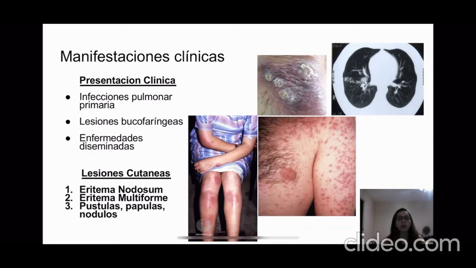There are three types of skin lesions: erythema nodosum, which presents as painful red flakes on the shins; erythema multiforme, which is a target or bullseye type of skin reaction; and the last one, pustules, papules, and nodules that may be throughout the body, and they might be caused by spreading fungus.